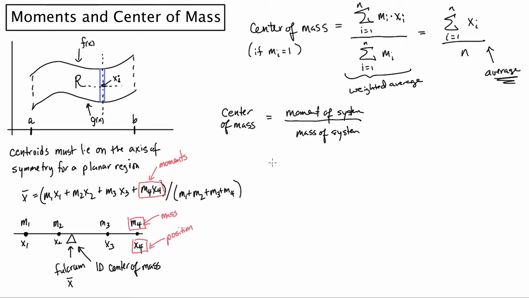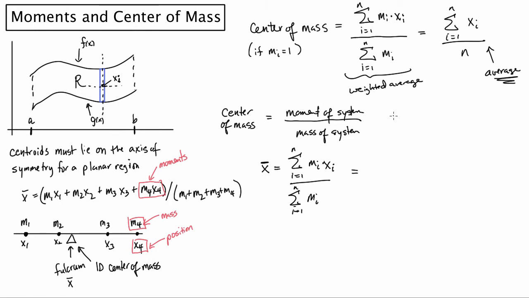Okay, so let's start off by trying to find the x-coordinate of the center of mass. The x-coordinate of the center of mass would be described by the formula I have above: the moments of the system, the masses times the points x i, divided by the sum of the masses. And so the question is, how do we find the masses?